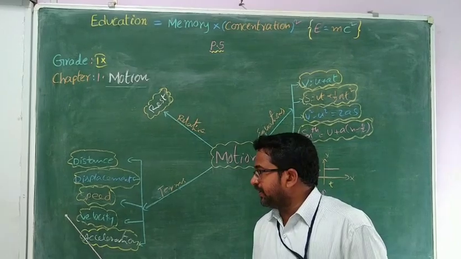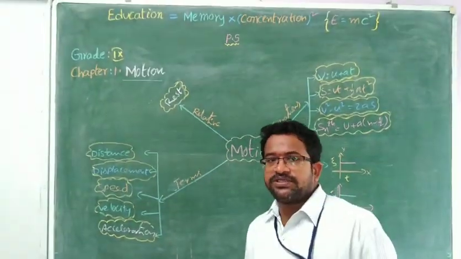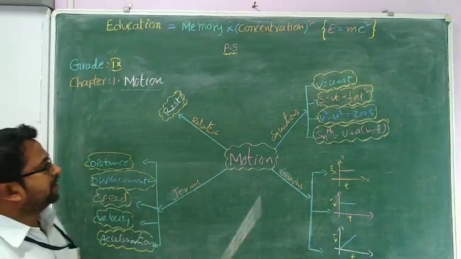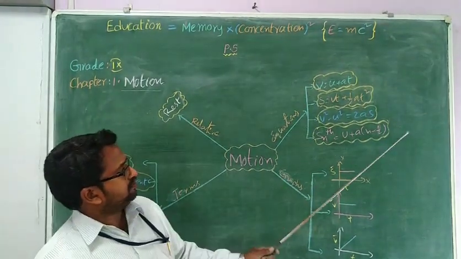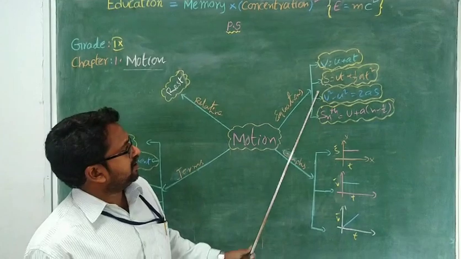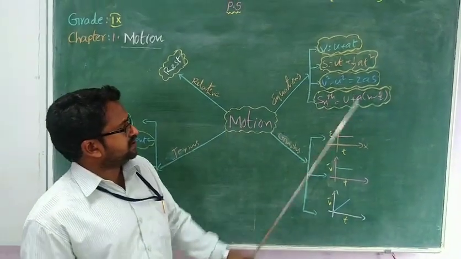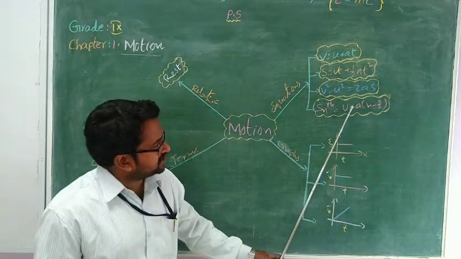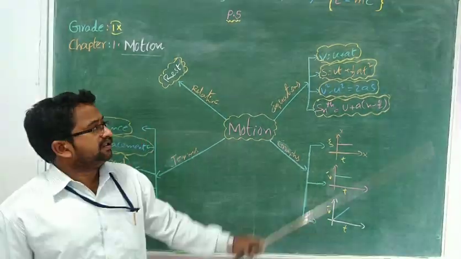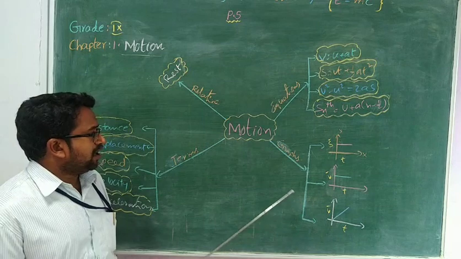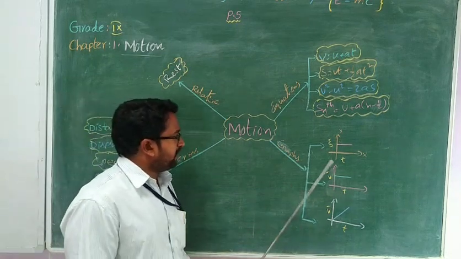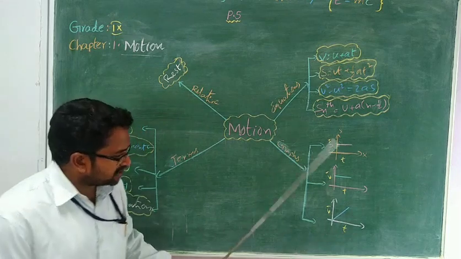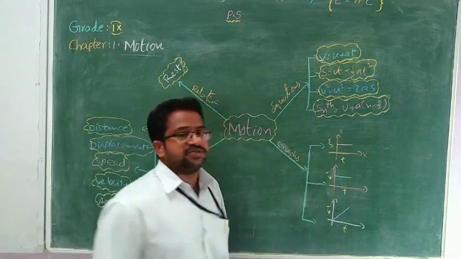Average speed, average velocity, uniform acceleration, all those things we learn in this motion. And the equations of linear motion: V is equal to U plus AT, S is equal to UT plus half AT squared, V squared minus U squared is equal to 2AS, and Sn is equal to u plus a into n minus half. These are the linear equations we learned, and different graphs of displacement with respect to time, velocity with respect to time, and acceleration. So many graphs are also there.